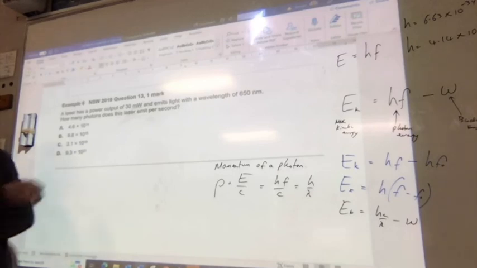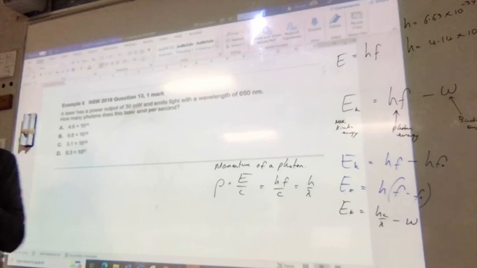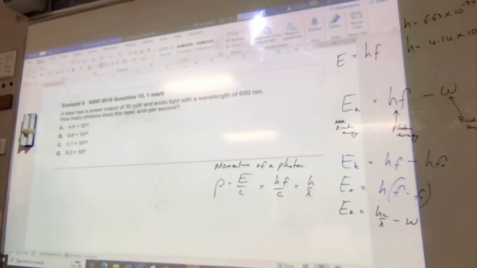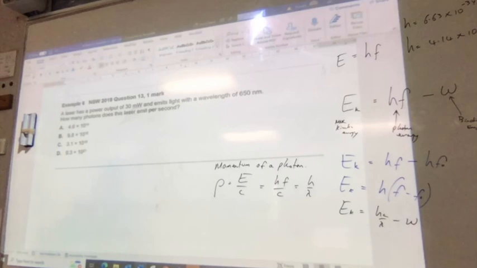So, when it asks how many photons are being emitted per second, they're basically telling you it's 30 millijoules per second coming out of the laser. Now, you know that that laser is made up of discrete photons, all of the same frequency. So you need to figure out how much energy each one of those photons contains.